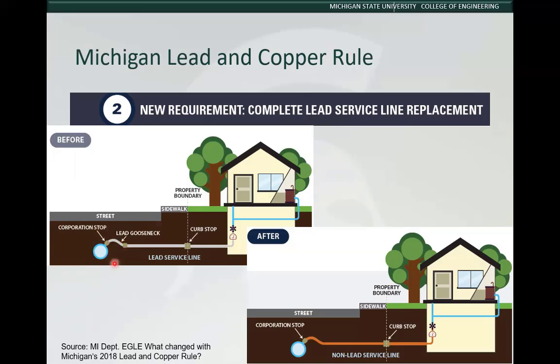So lead was often used as the gooseneck. So that has to be replaced. So no partial replacements, full, complete lead service line replacements. So even the gooseneck is now considered part of the service line and must be replaced. That was not in the original federal lead and copper rule.